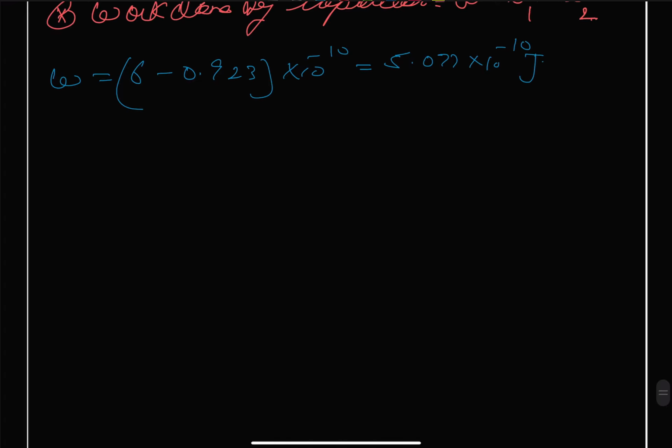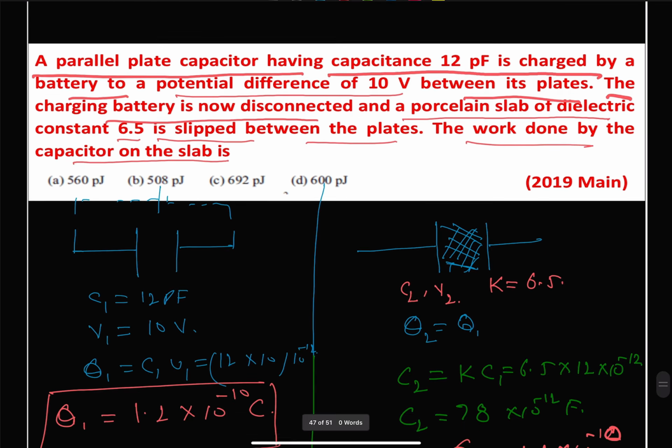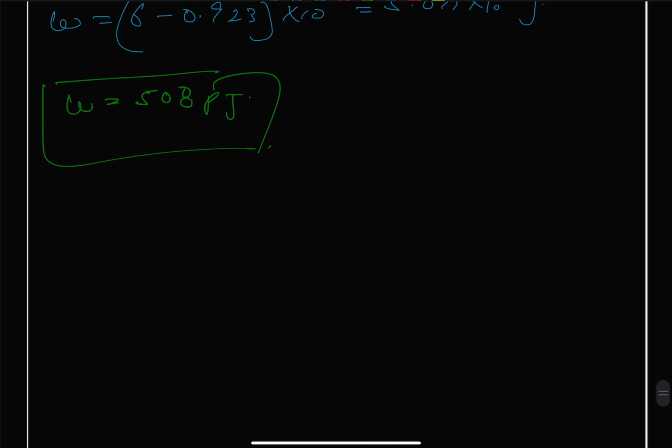Or we can write this as work done is equal to 508 picojoules. So this comes as 508. Option B is correct.